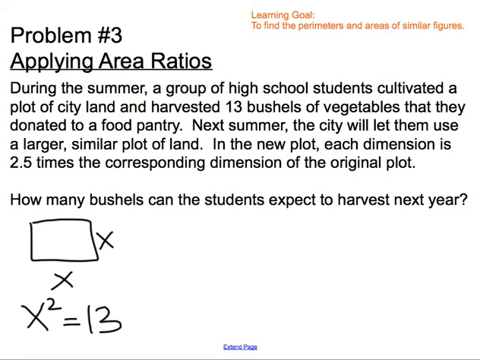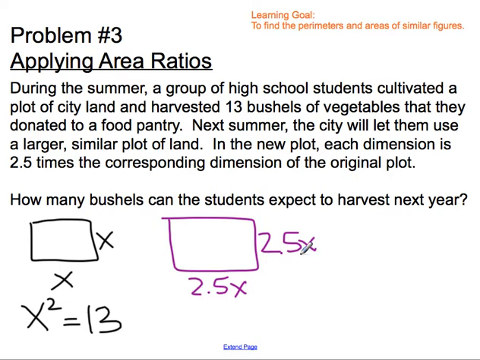Now next summer they're going to get a bigger plot of land, which is 2.5 times the original. So each dimension now is 2.5 times x. Just like in the original we had x times x, now we have 2.5 times x, squared, and we're trying to figure out what that's going to yield. 2.5 times 2.5 is 6.25 times x squared.